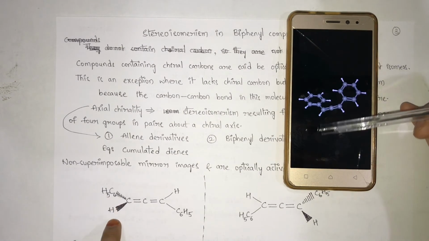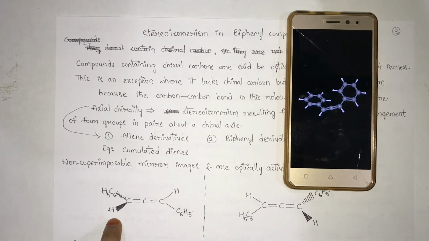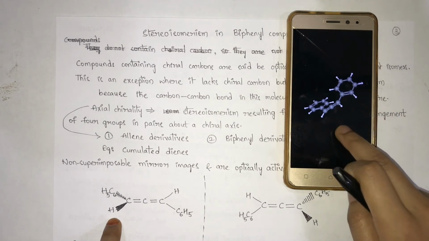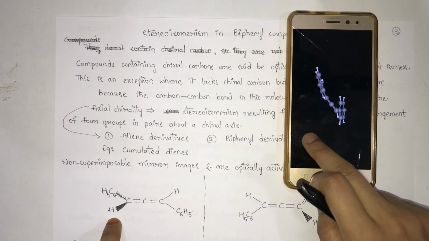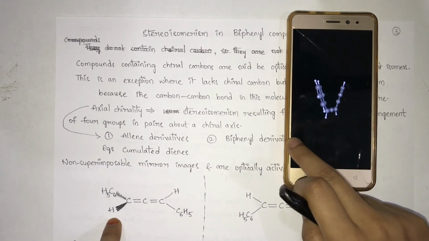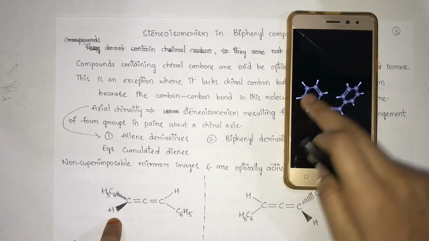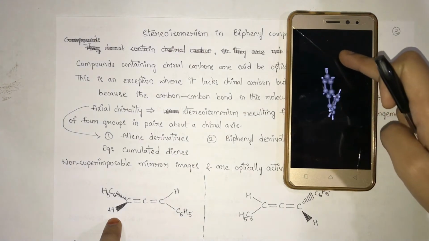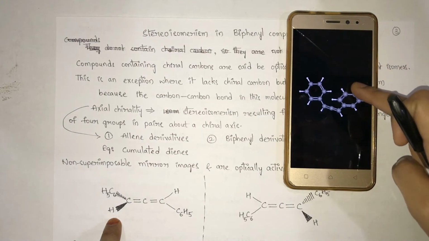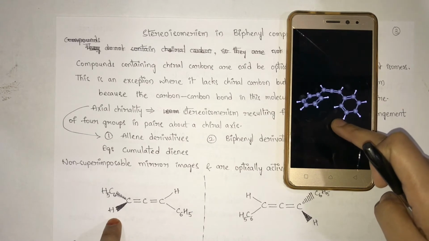This hydrogen is towards us. Let us rotate the molecule. So now you can see the structure of this compound.